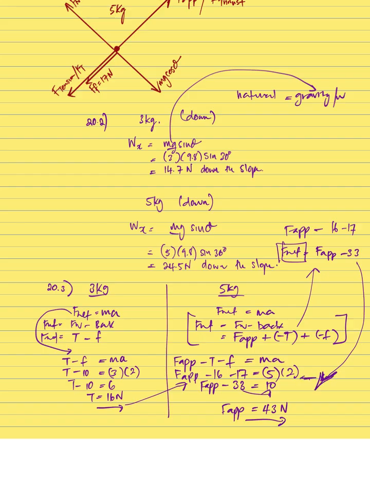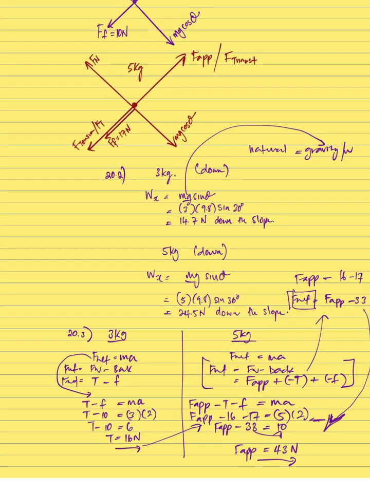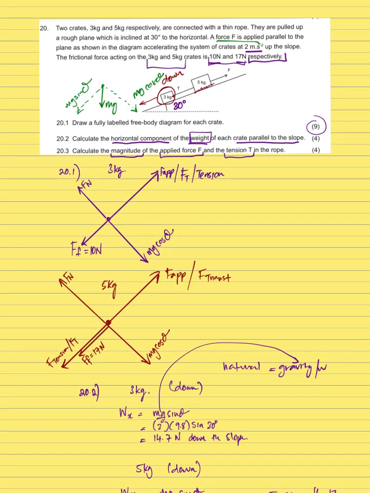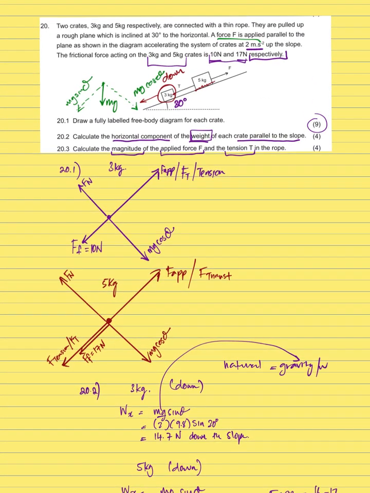So you could do it by itself, or you can just bring it into the equation. It's up to you how you're going to do that. But that is how you would do something that's sitting on an incline. Let's look at the next one.